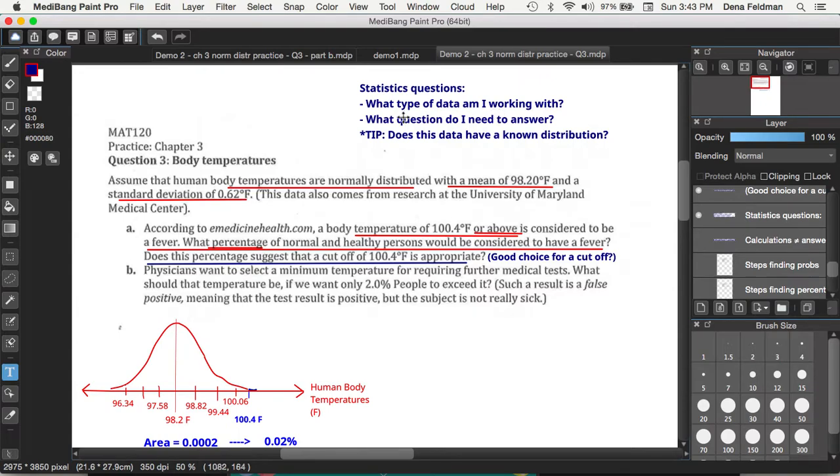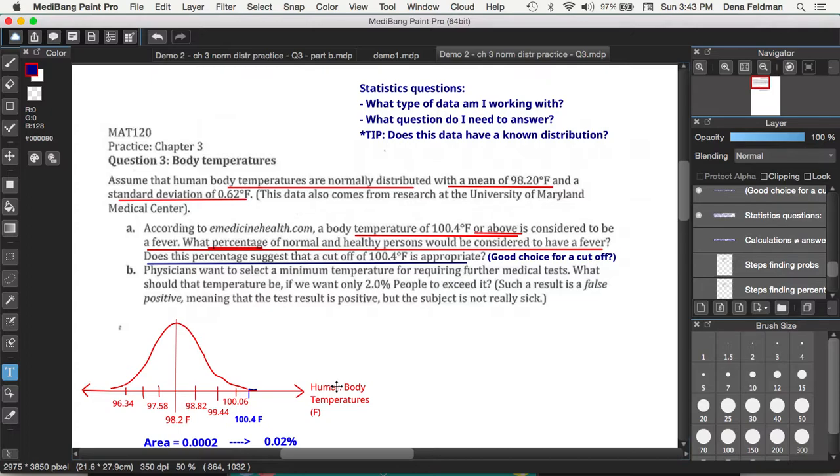What is the question I'm being asked to answer? And it helps to know, does this data have a known distribution, like a normal distribution, which allows us to assume certain things automatically about temperatures, in this case data related to this scenario.